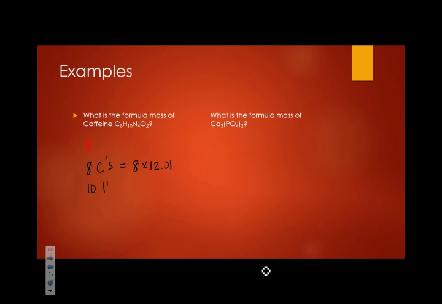And I have 10 hydrogens, which is 10 times 1.01. And 4 nitrogens, which is 4 times 14.01. I really like 0.01s, don't they? And 2 oxygens, which is 2 times 16.00.